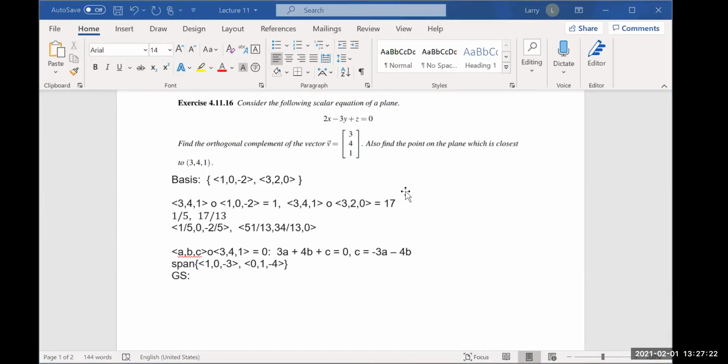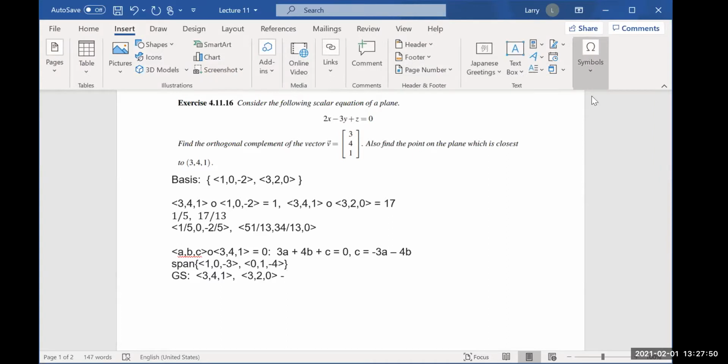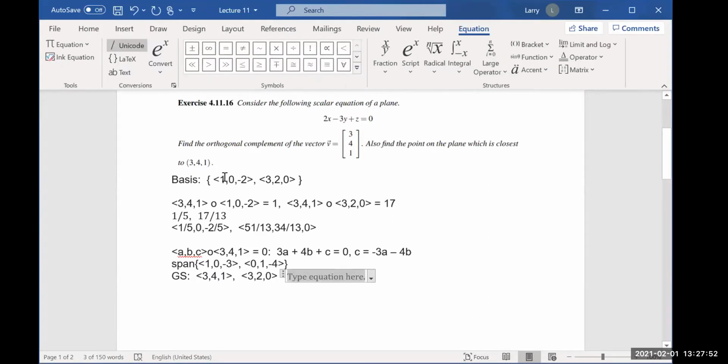our first vector is (3, 4, 1). Then our second vector is going to be (3, 2, 0) minus, and if you remember, we get a fraction.